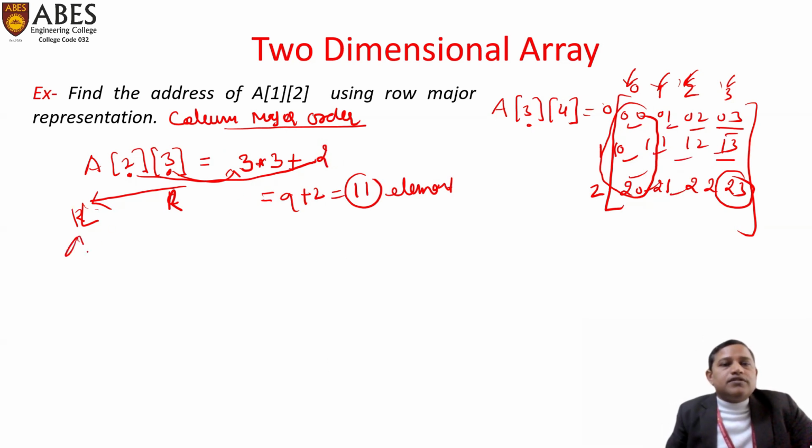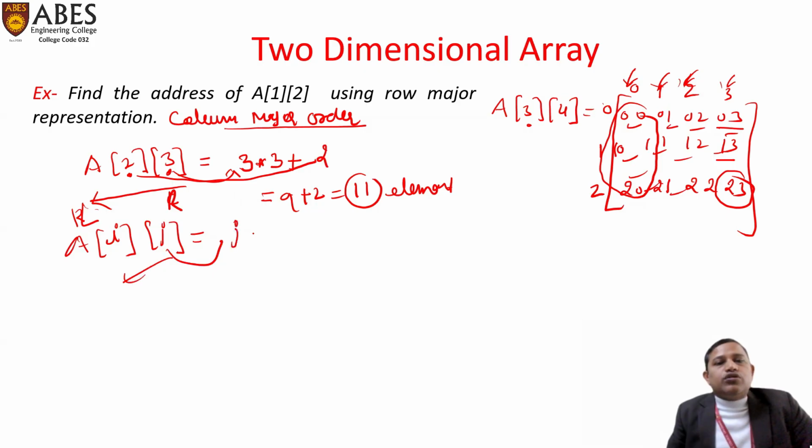Now if you generalize this formula, to find out the address of ith row and jth column, you have to cross j minus 1 columns, multiplied by the total number of rows, that is 3.